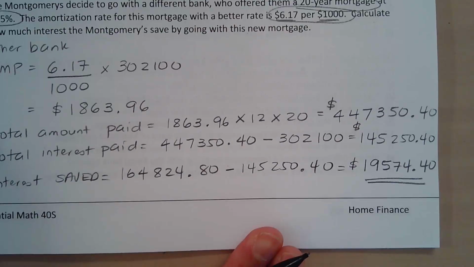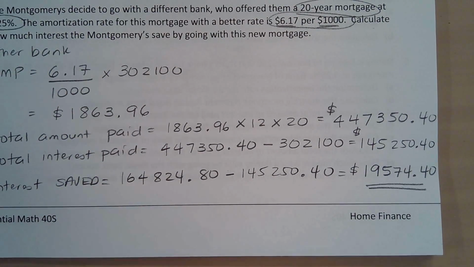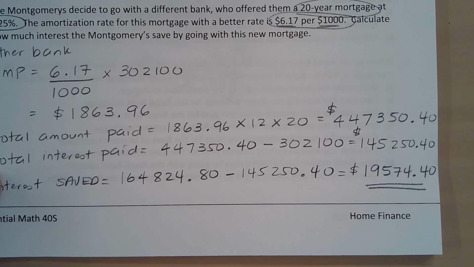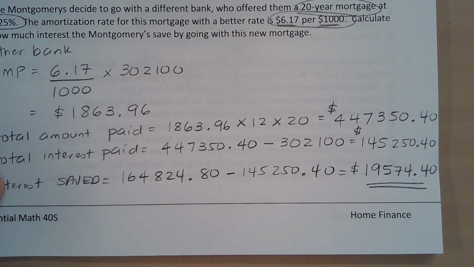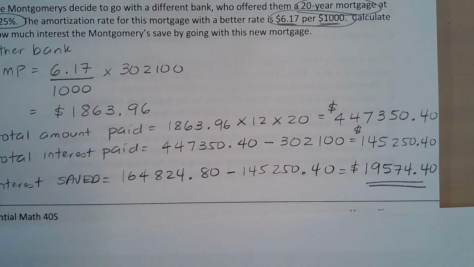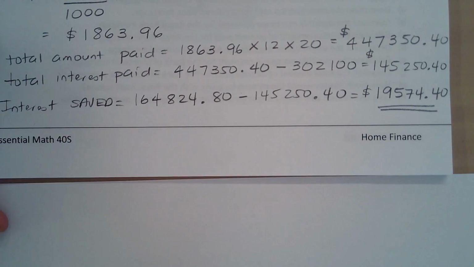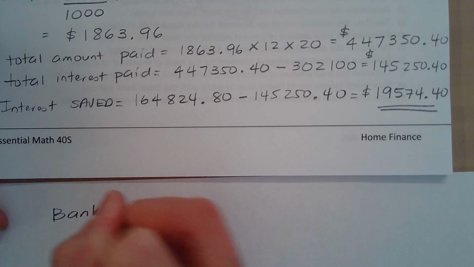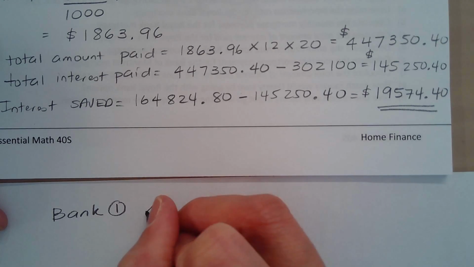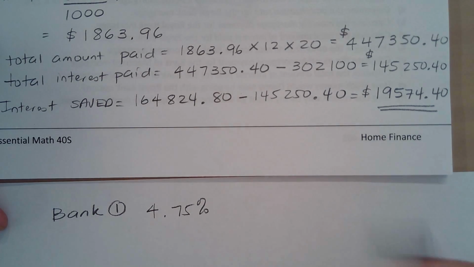The only difference between the two banks, okay, bank number one is 4.75% for 20 years.